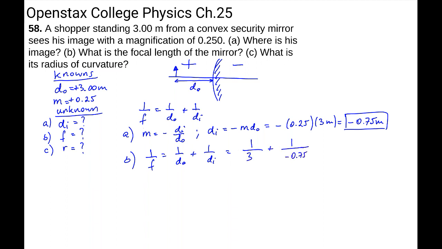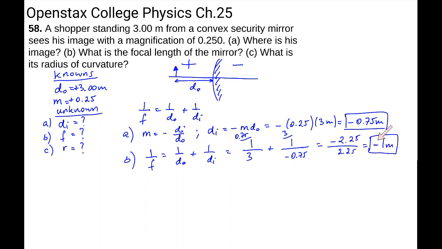If you do the math, I'm just lazy, I'm going to multiply this by 0.75, multiply this by 3, and I end up with negative 2.25 divided by 2.25. So the focal length is negative 1 meter. All right, let's stop and think about that.